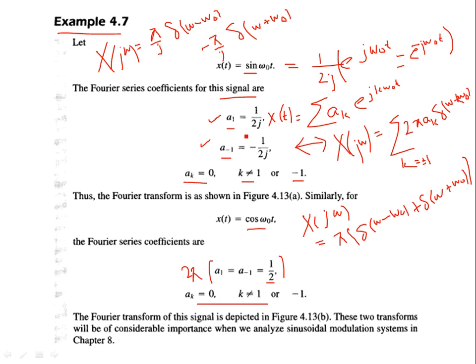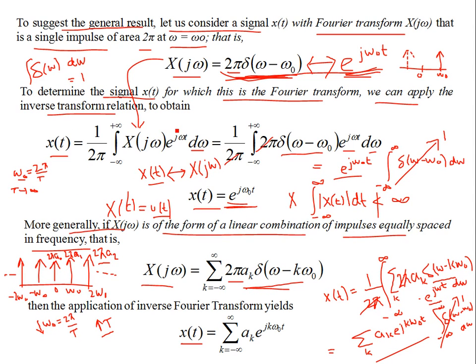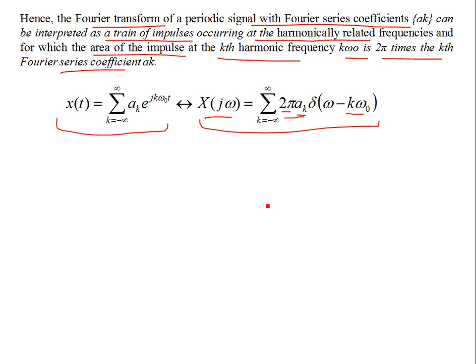There's another way of looking at this in a simplified manner. Since cosine and sine consist of two exponentials, and we know that e^(j omega naught t), what we derived earlier, has a Fourier transform in terms of a shifted impulse, 2 pi delta of omega minus omega naught. This is how we started the discussion of Fourier transform representation of periodic signals.